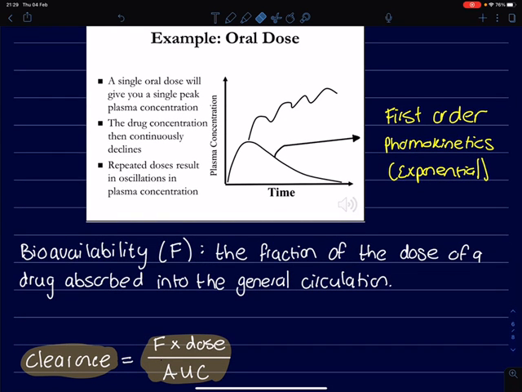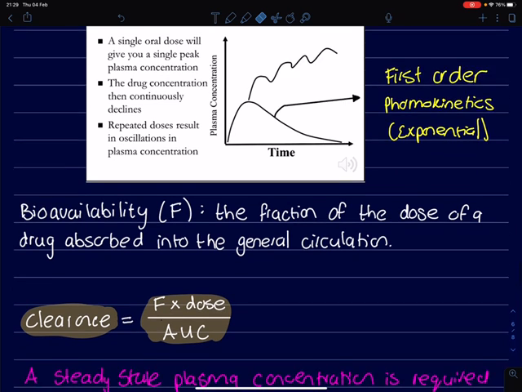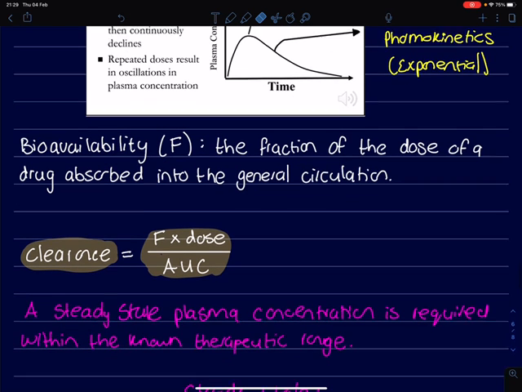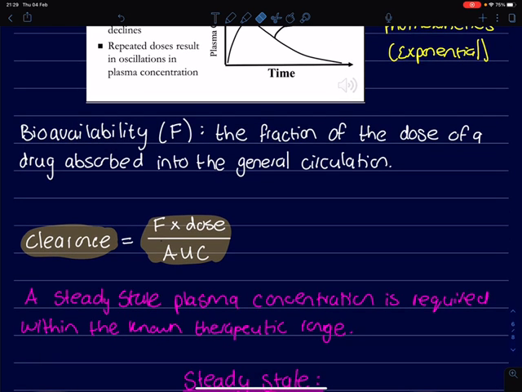Okay, so bioavailability, we know what bioavailability is. It's the fraction of the drug that actually reaches the systemic circulation. That's the definition of bioavailability, and it's denoted F. So how do we work out clearance?